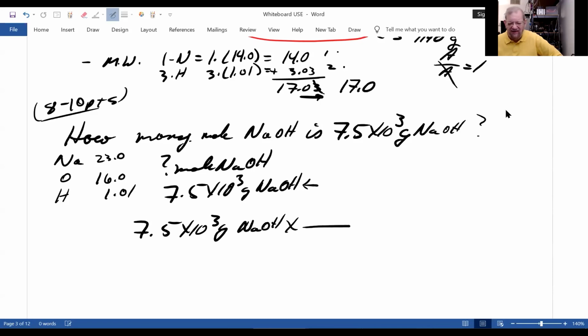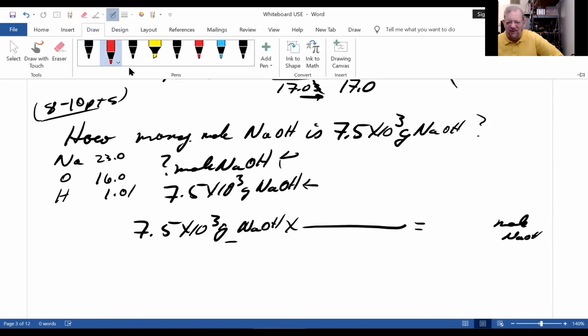And if I had a magic ratio to convert this into my answer, by the way, that's a g. Anyways, what are we trying to get to? Moles of NaOH. And it's time to use your good buddy, your good friend, unit analysis.